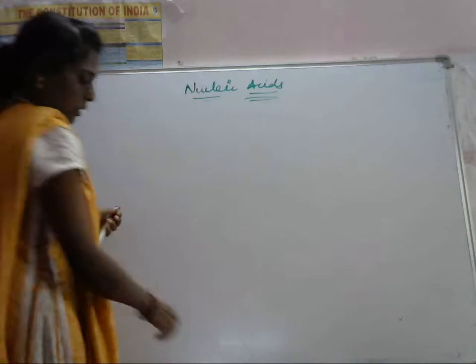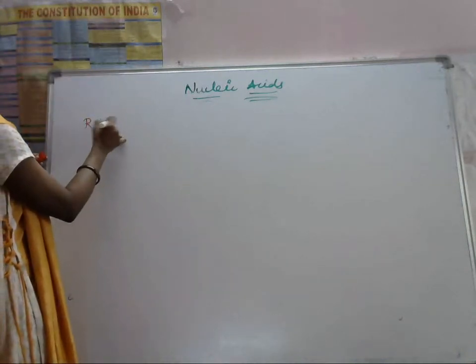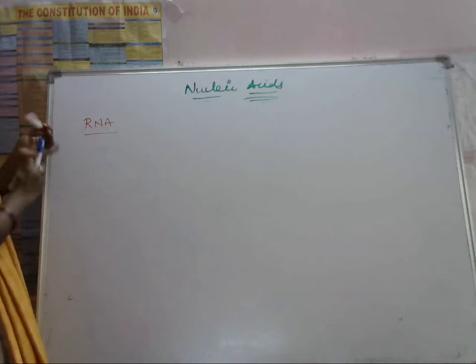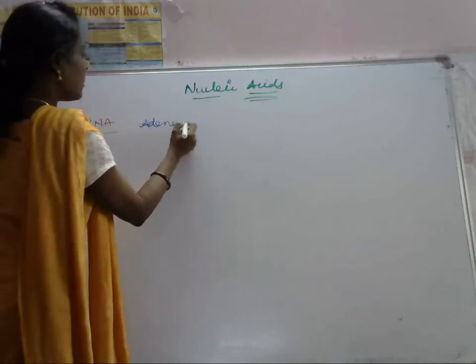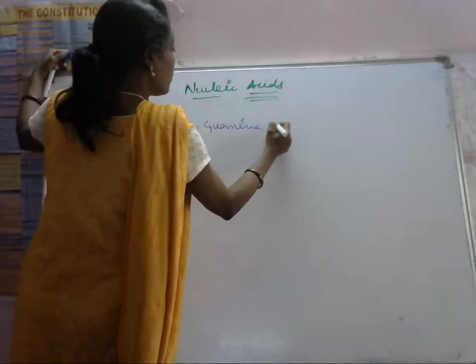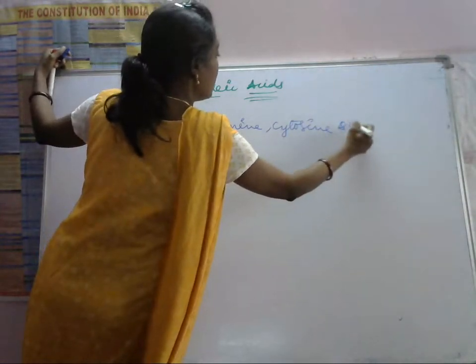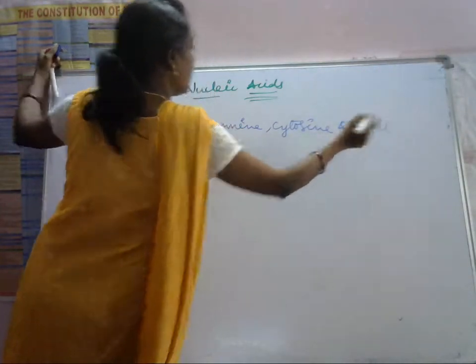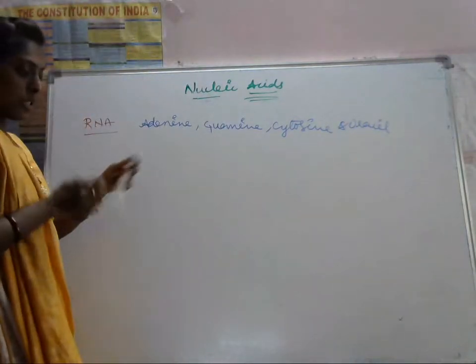So let's see this one, RNA. What is RNA here? In this we will have 4 bases, which are adenine, guanine, cytosine and uracil. Okay. Here let's see the adenine.